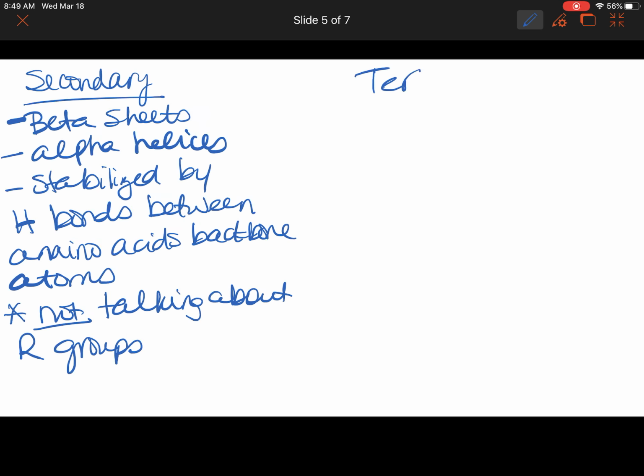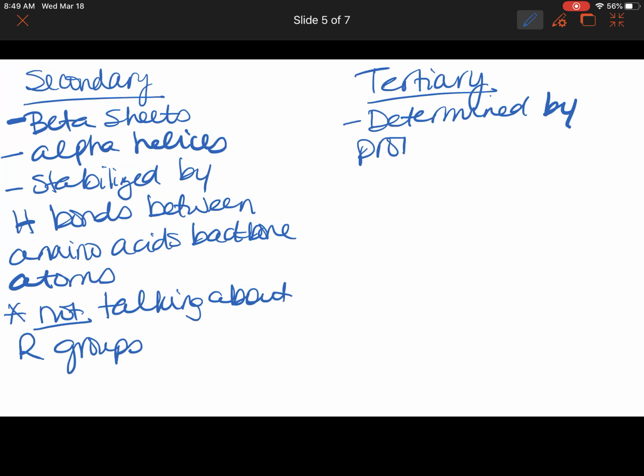For tertiary and quaternary structure, though, remember, we are talking about the R group. So the overall tertiary and quaternary structure is determined by protein folding, which is directed by the R groups.